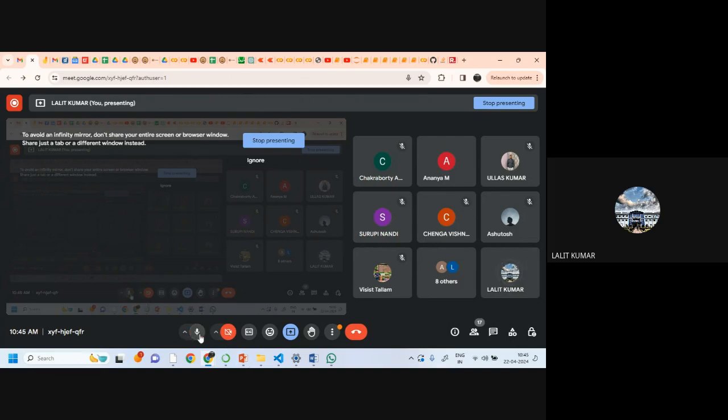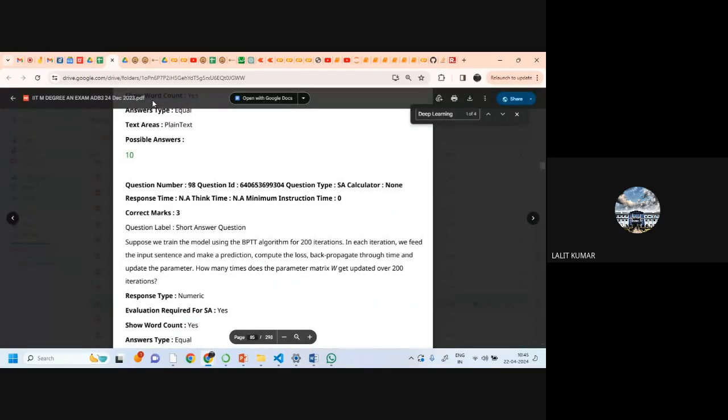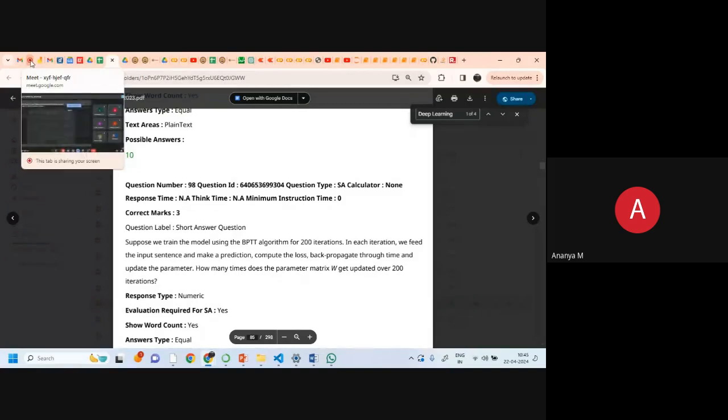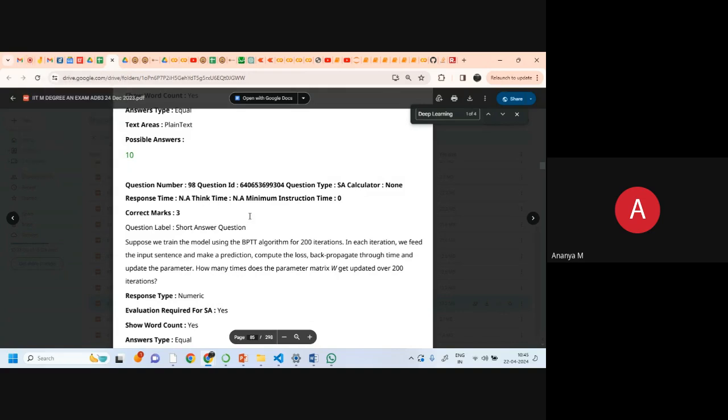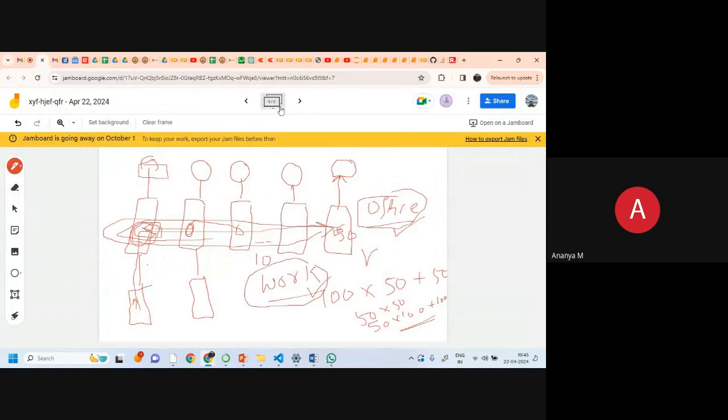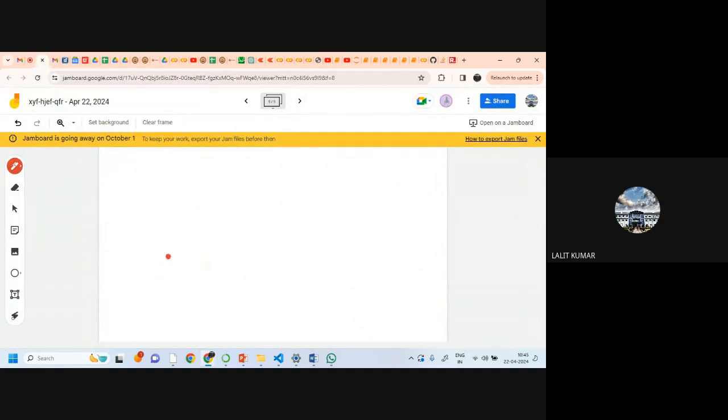Okay, I'm back. So we go to the next question. A legit doubt. Like, we have seen that we have 200 iterations, and we will update our weight matrix every time we backpropagate. I'm not very clear with what iterations mean. Should we come all the way to the start? Okay, so I'll tell you.